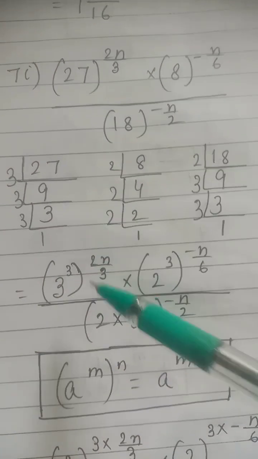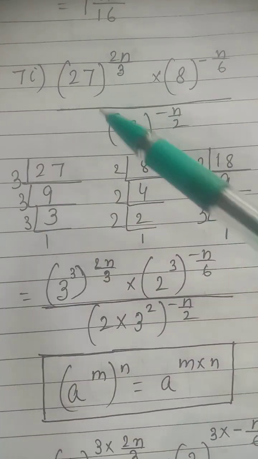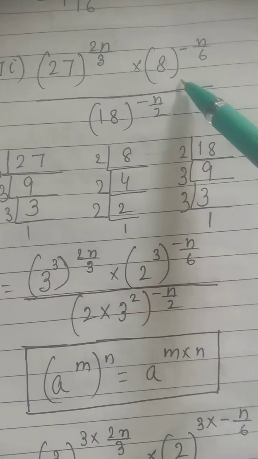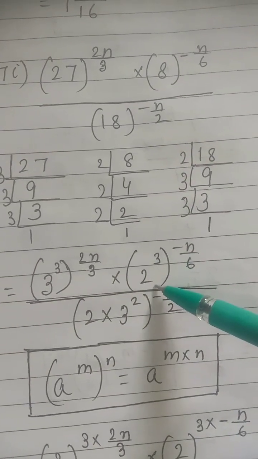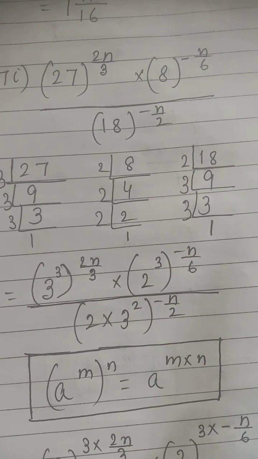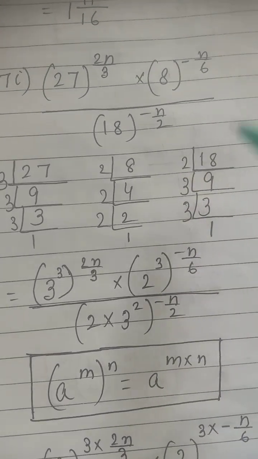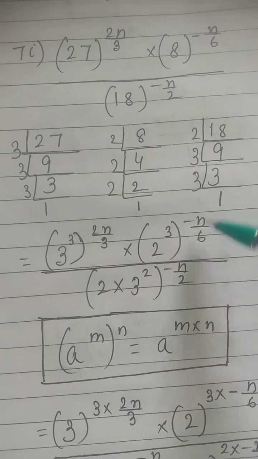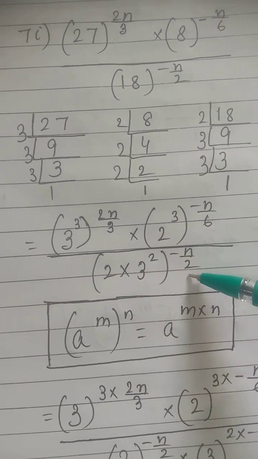So accordingly we will put the values. 27 means (3's cube) to the power 2n/3. 8 means (2's cube) to the power -n/6. And 18 means (2 into 3 square) to the power -n/2.